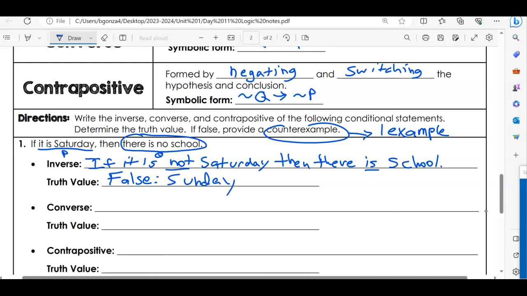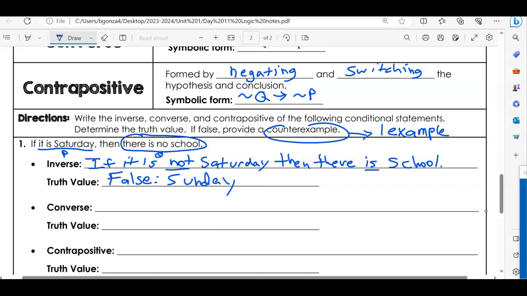Now, take that original statement. All right. Converse. Take the original, if it is Saturday, then there is no school. What is the converse?